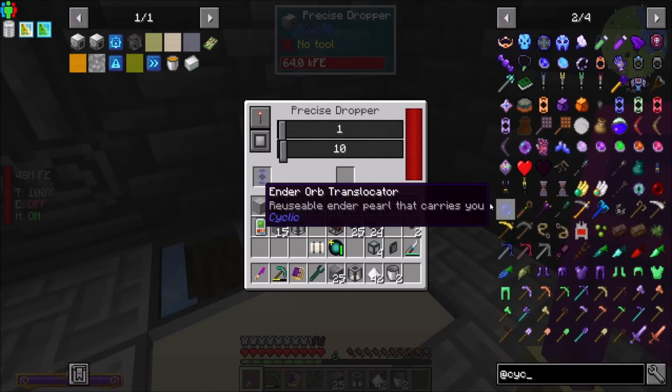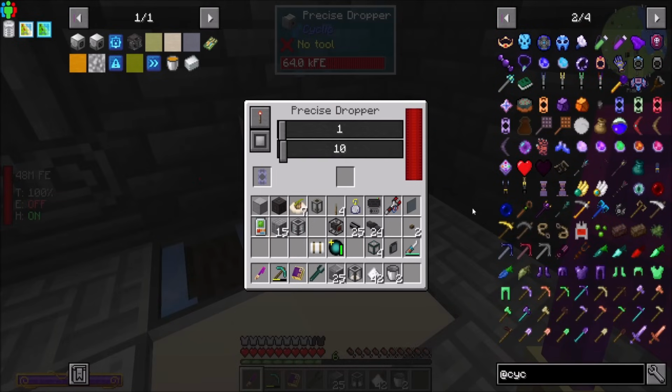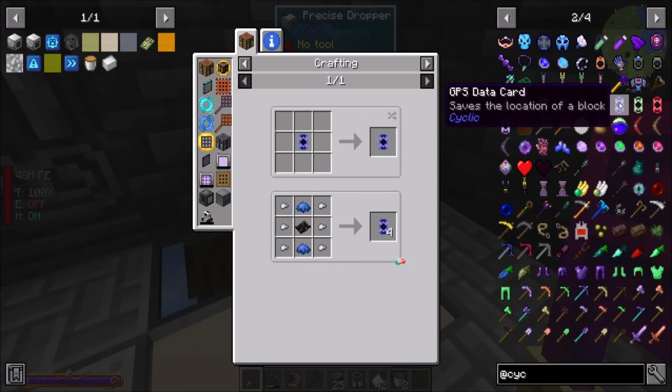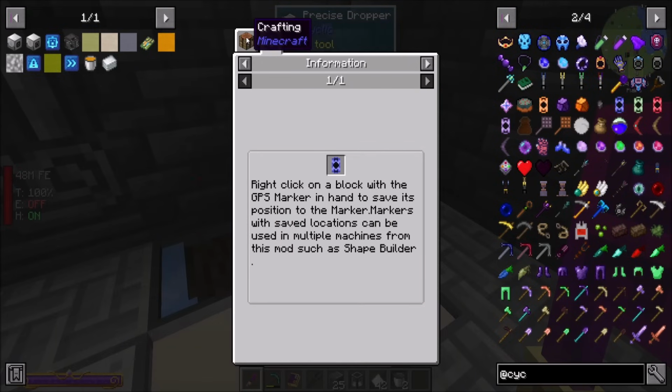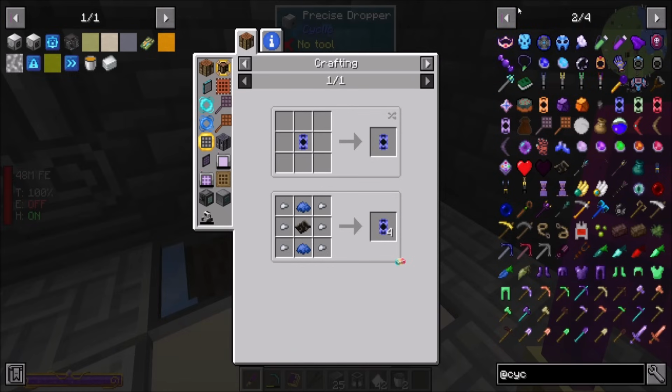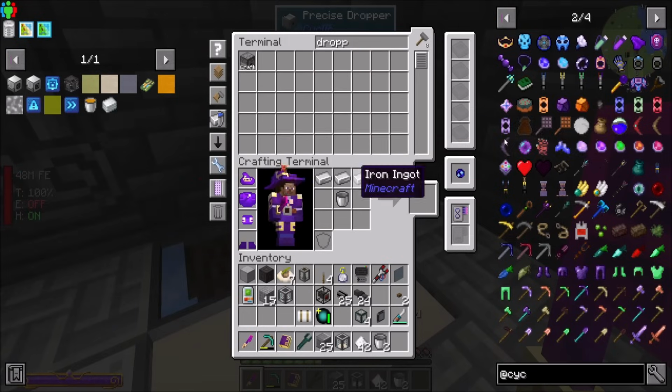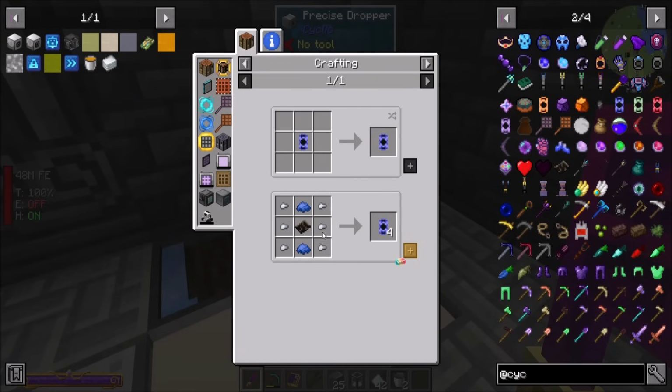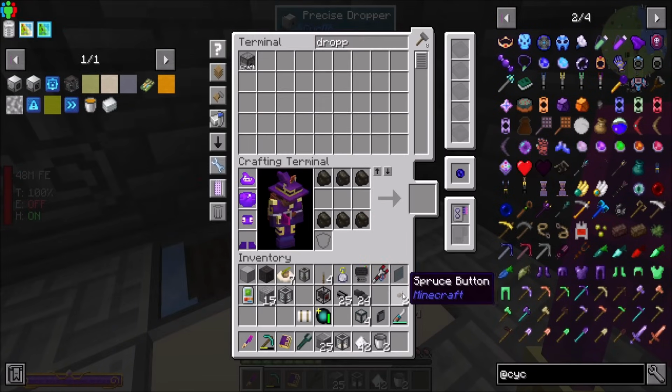From Cyclic, what's that bluish thing? GPS data card saves the location of a block. Okay, so let's try this. GPS data card. Need some carbon paper. Really?